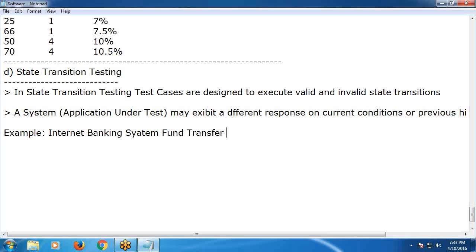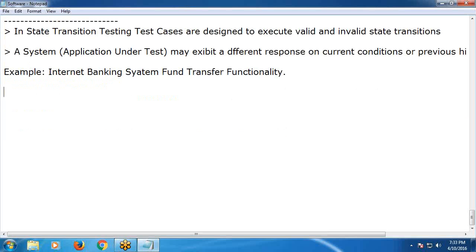Fund transfer functionality. Okay. Observe initial balance. For example, 45,000. This is initial balance.